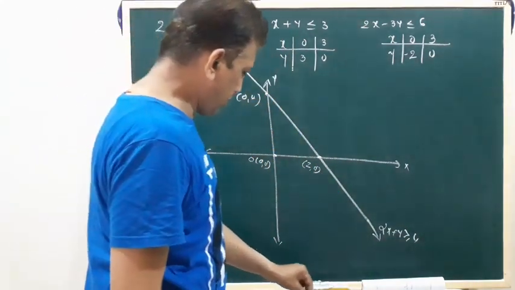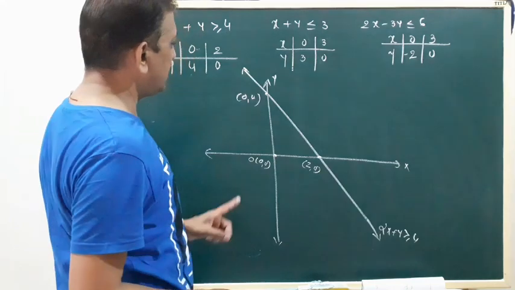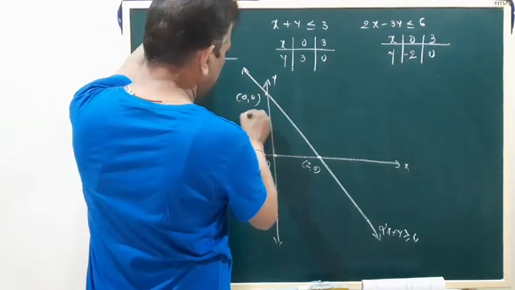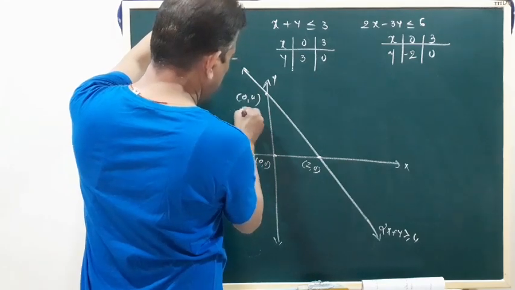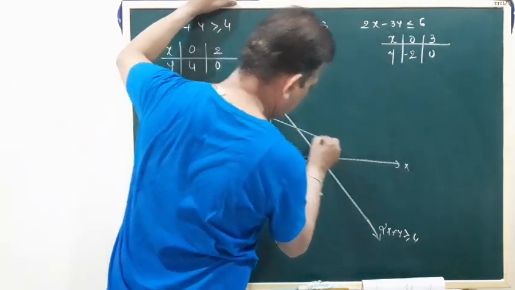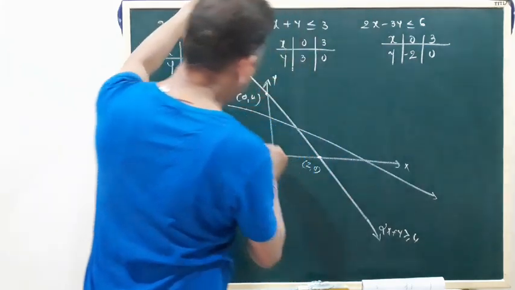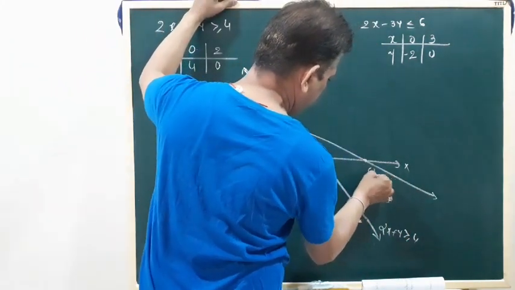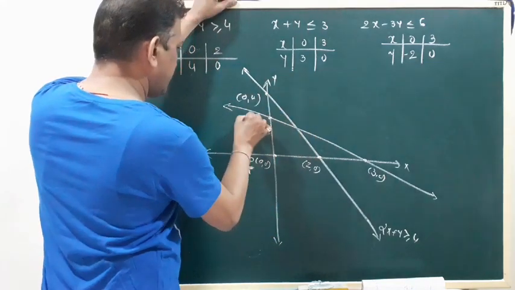Now (3, 0) and (0, 3). The point (3, 0) and the point (0, 3).